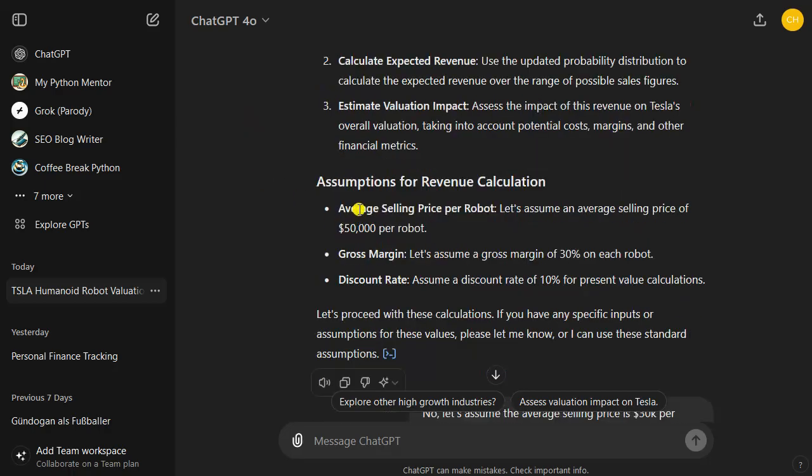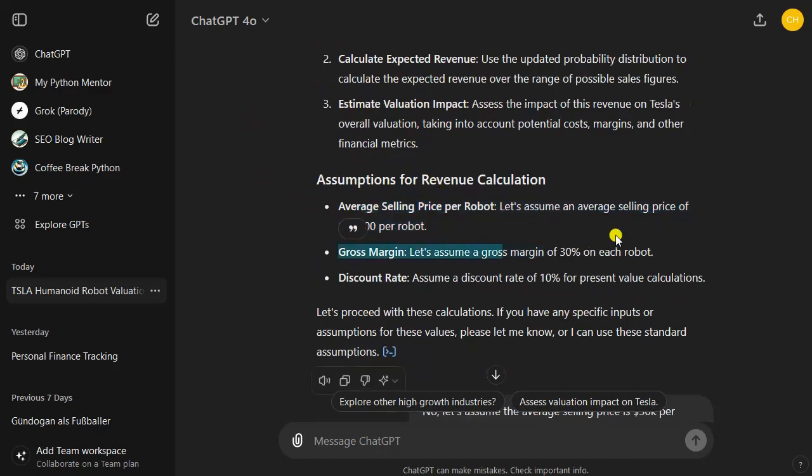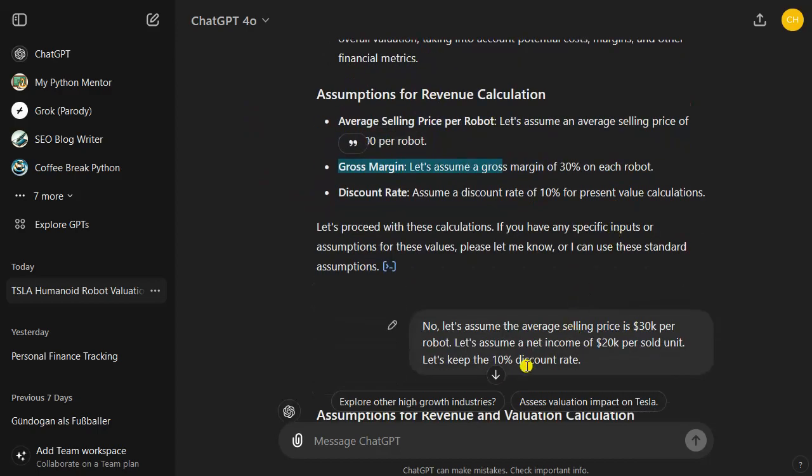Okay, and now ChatGPT proposed an average selling price per robot of 50K and a 30% margin. I didn't find these assumptions too likely. Elon Musk already says 20K per robot, but he speaks of 20K as the end scenario, where we have already scaled to billions of units on Earth.